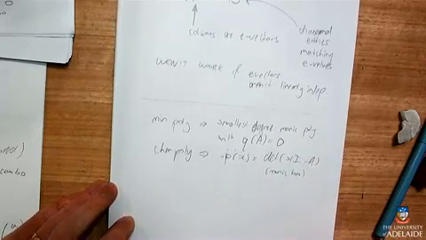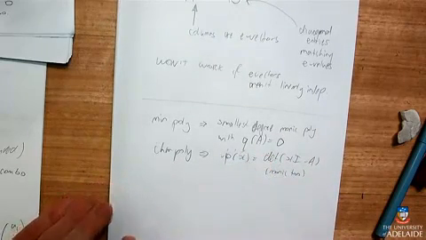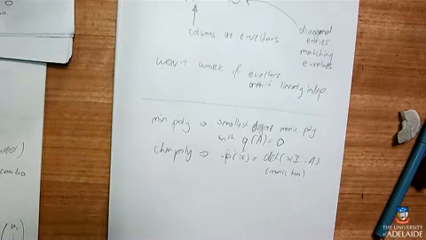And what we're saying is that any zero of the characteristic polynomial is a zero of the minimum polynomial as well.